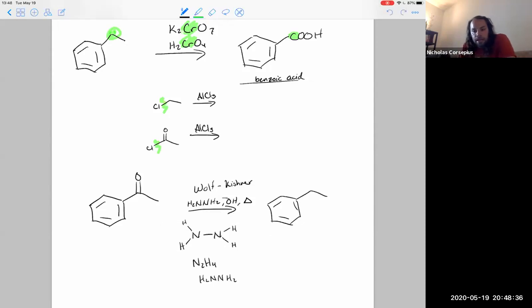Much like an oxidizing agent is usually sticking oxygens on, a reducing agent is sticking hydrogens. So this is a really good reducing agent because it really wants to become nitrogen gas. It really wants to get rid of those hydrogens so that it can be nitrogen triple bonded to nitrogen.